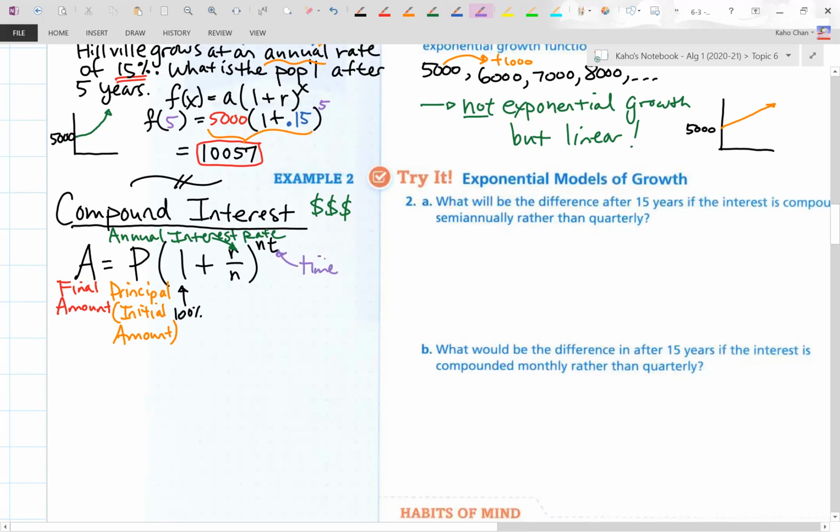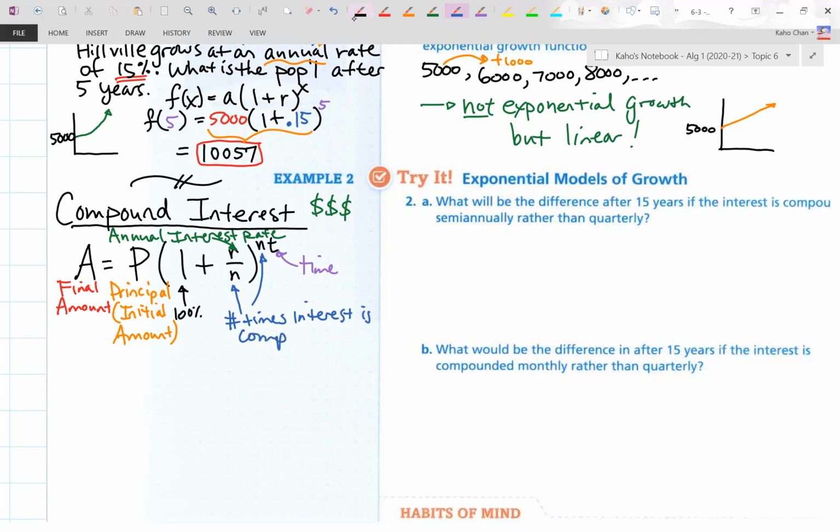N shows up in two places. It's the number of times interest is compounded per year. So this is a formula, basically. You just have to follow it to get the right answer. Typically, a local bank compounds interest 12 times a year. Yeah, that's called monthly. There are 12 months in a year.